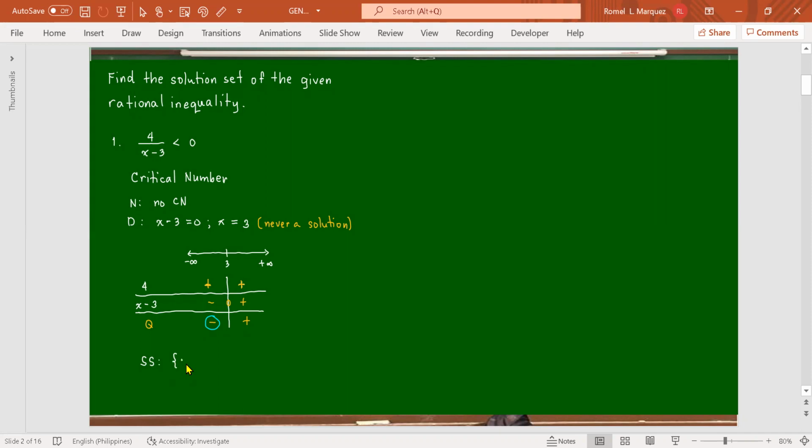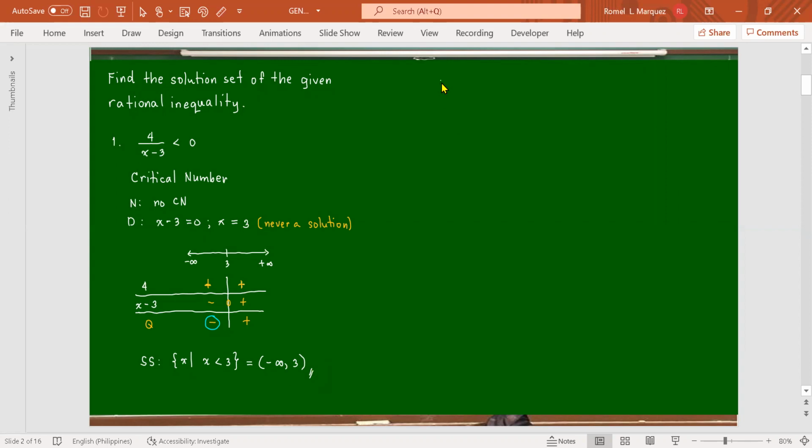In set notation, the set of all x such that x is a real number less than what? Less than 3, no? We don't include 3. In interval notation, negative infinity to less than 3. So it means we use parentheses. So that's the answer.